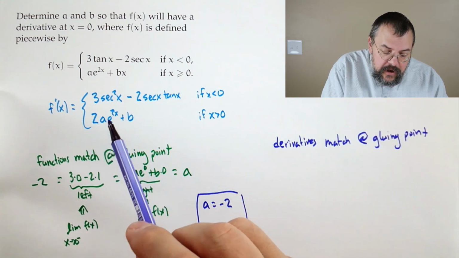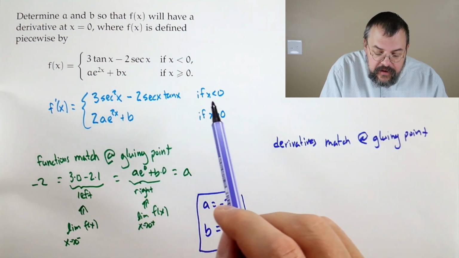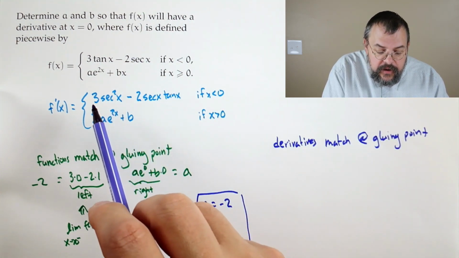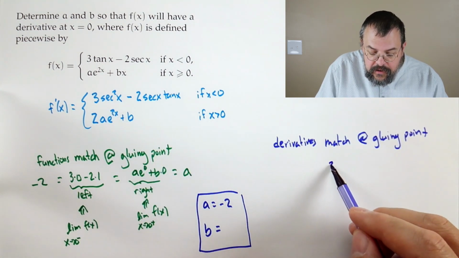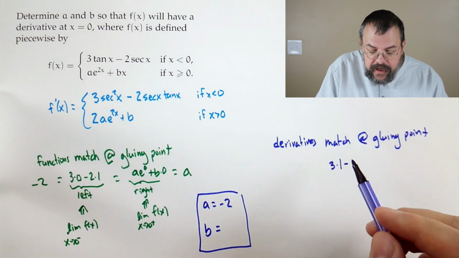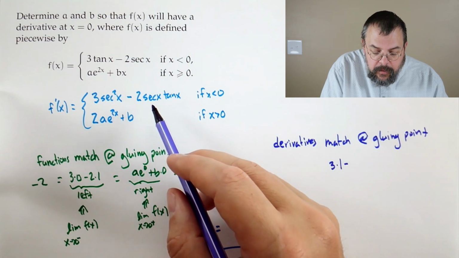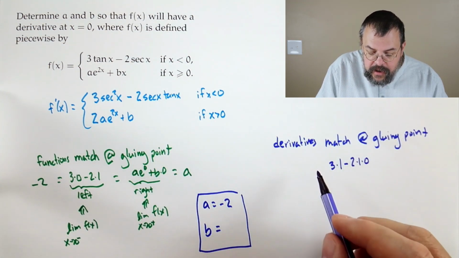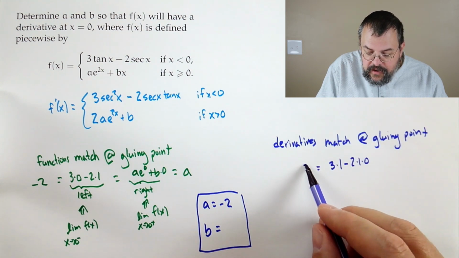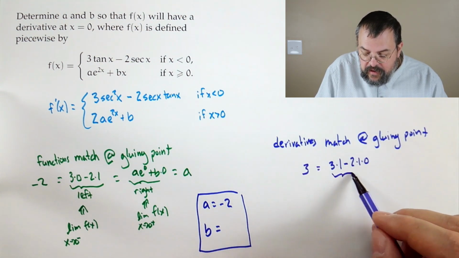So take our derivatives and again plug in 0 because 0 is our gluing point. So 3 secant squared of 0, well, that would be 3 times 1, minus 2 times 1 times 0. Well, if you clean that up, that's 3. Okay, this is the left.